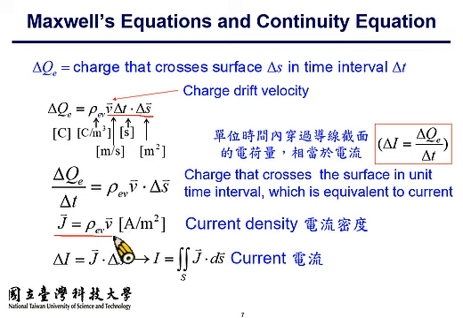So we can replace the product of rho and V as charge current density J, and the product of current density J with the cross-section area delta S equals the amount of the total current flowing in the wire, which can also be expressed as the surface integral of current density J.